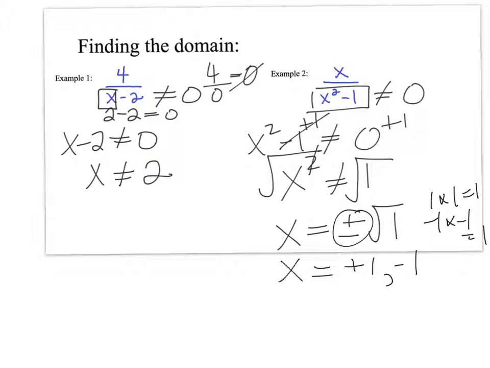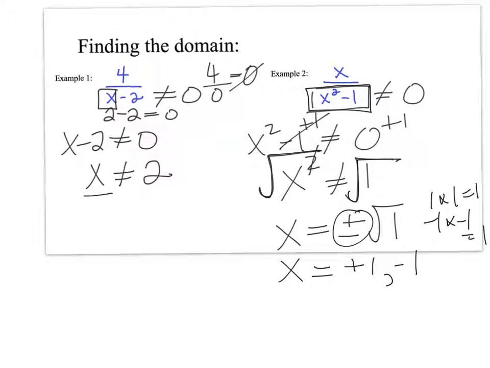So when x is equal to positive 1 or negative 1, it's going to cause our divisor to be 0, and that's not going to work. So when you find the domain, you want to solve for all values of x that are going to make that divisor equal to 0, which is going to involve some algebra, and also might involve using square roots.